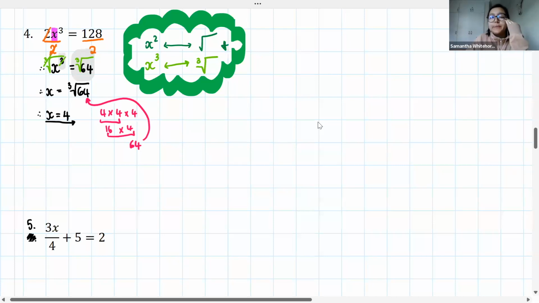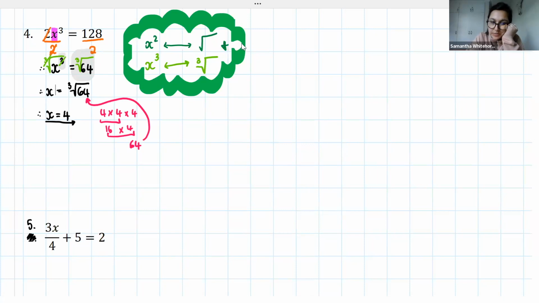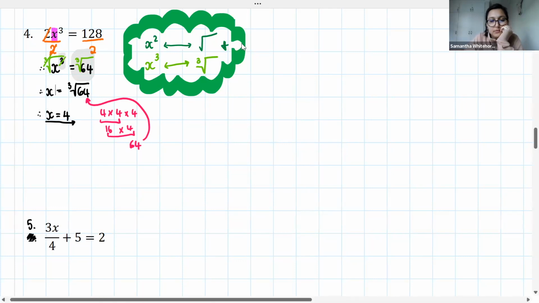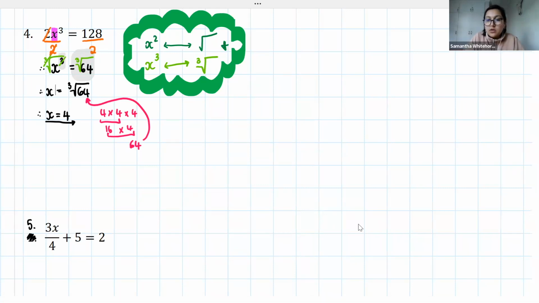Do you need to mark? And remember, check your answer. So once you have an answer, substitute it back into your original equation. So replace x with your answer and make sure that your left-hand side equals your right-hand side. That's how we check. Guys, you can't have options of answers here. There's one answer and one answer only.